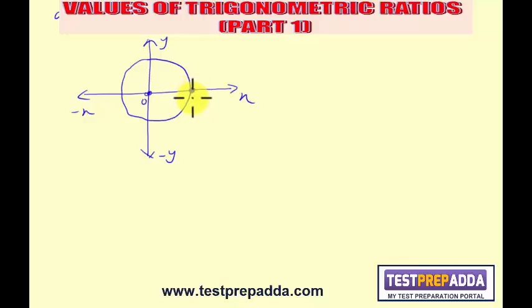So, if I consider this as A, it will be the point with coordinates (1, 0). If I consider this as B, it will be (0, 1). If I consider this as C, then it will be (-1, 0). If I consider D, then it will be (0, -1).